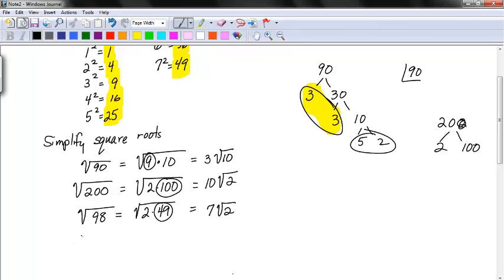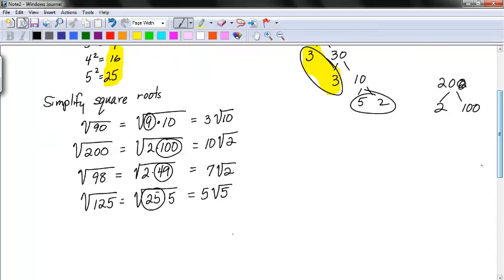If I did square root of 125, I can split that up into 25 and 5, and square root of 25 is 5, and I'd leave the radical 5 left inside. One that you might not recognize is 108, but again, you can break it up into factor trees, and figure out the largest perfect square inside there is 36.